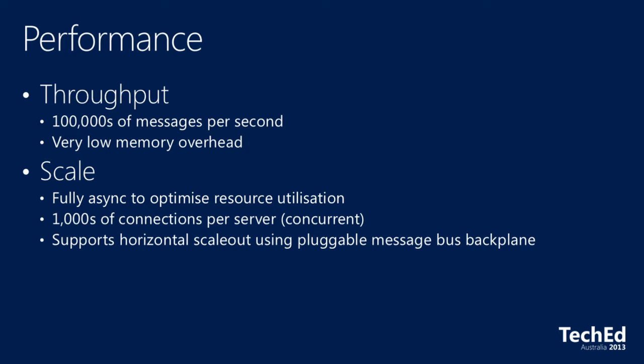And on the scale side of it, it's fully async, to optimize resource utilization. That means it's not blocking any threads. It's only doing things when something needs to be done. Thousands of concurrent connections per server. And I believe from the session earlier today, that is more like 50,000 connections per server. And it supports horizontal scale using a pluggable message bus backplane.